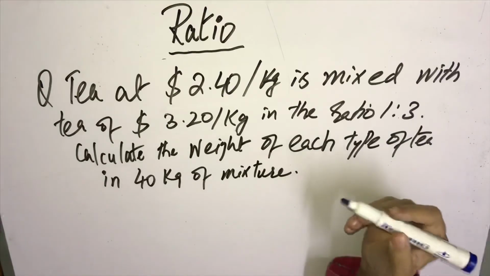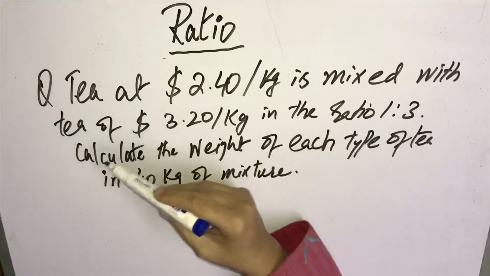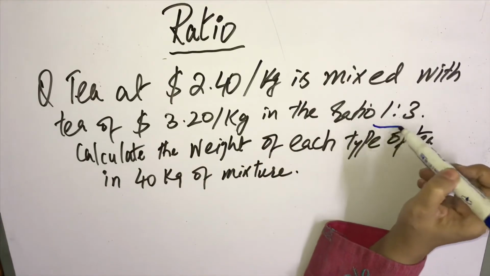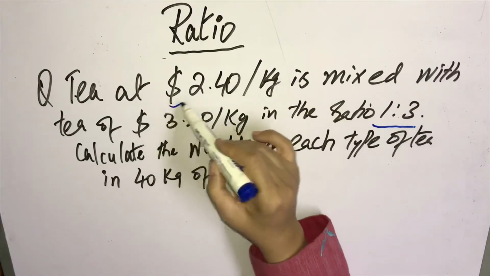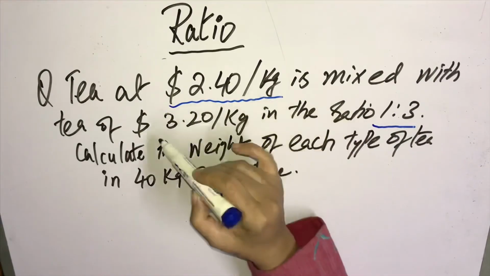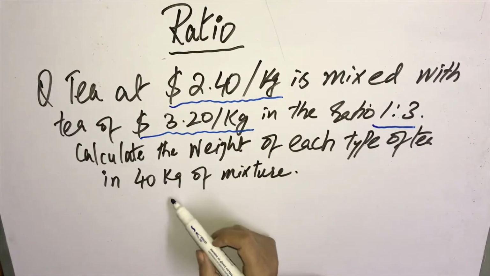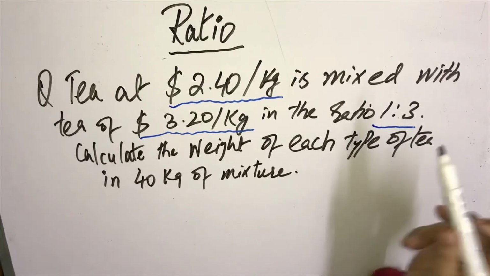And then the question: tea at $2.40 per kg is mixed with tea at $3.20 per kg in the ratio 1:3. There is a mixture in which there are two types of tea. One is $2.40 per kg and the other is $3.20 per kg. Total mixture is 40 kg. We have to find each type of tea in the mixture.